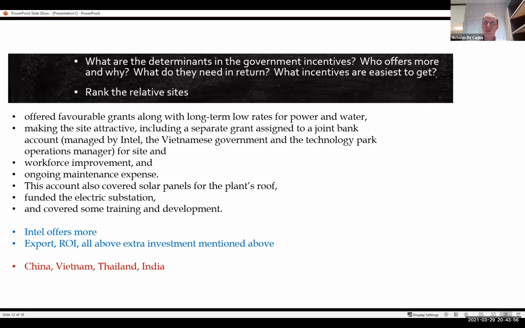And why? One of the key things that's noted in case B is that Thailand didn't offer the same incentives as Vietnam. Why not? I mean, all these benefits are true, right? Are they true for both countries? These benefits are true, but the money, the donation or the funding is all from Intel. So that's why.